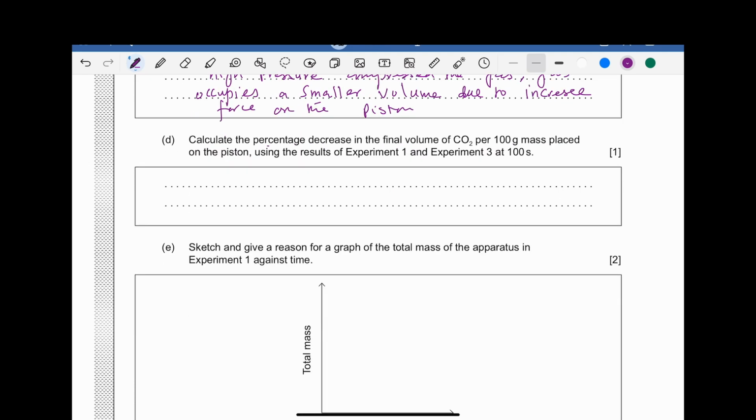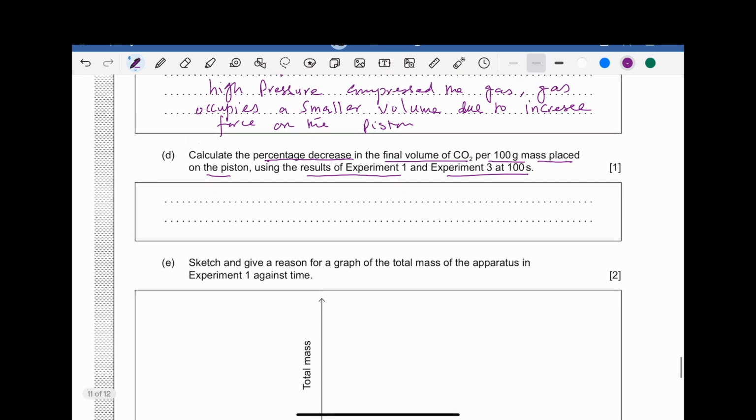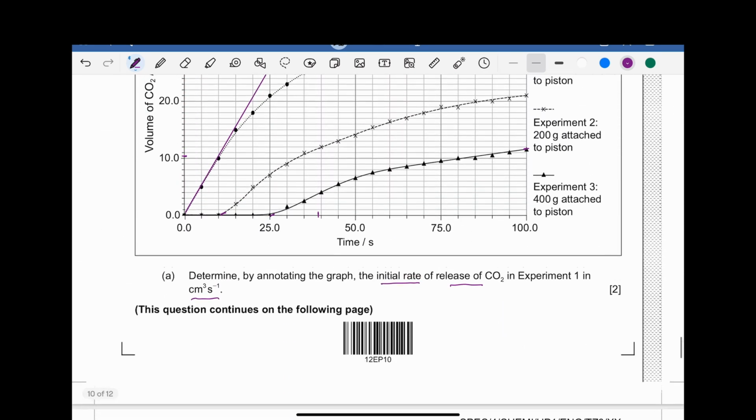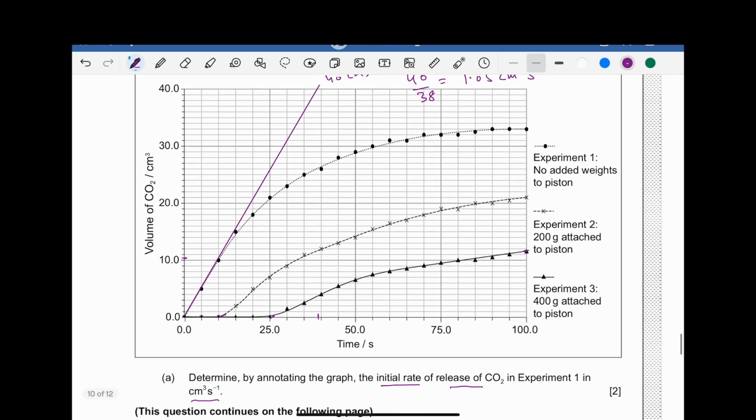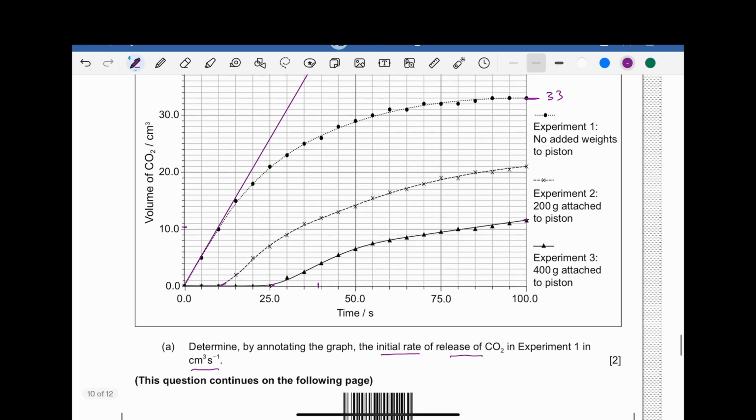D, calculate the percentage decrease in the final volume of CO2 per 100 gram mass placed on the piston using results of experiment 1 and experiment 3 at 100 seconds. So let's go back and read the graph. So the volume of carbon dioxide at 100 seconds in experiment 1 looks like 33, and for experiment 3 at 100 seconds it looks like 11.5.